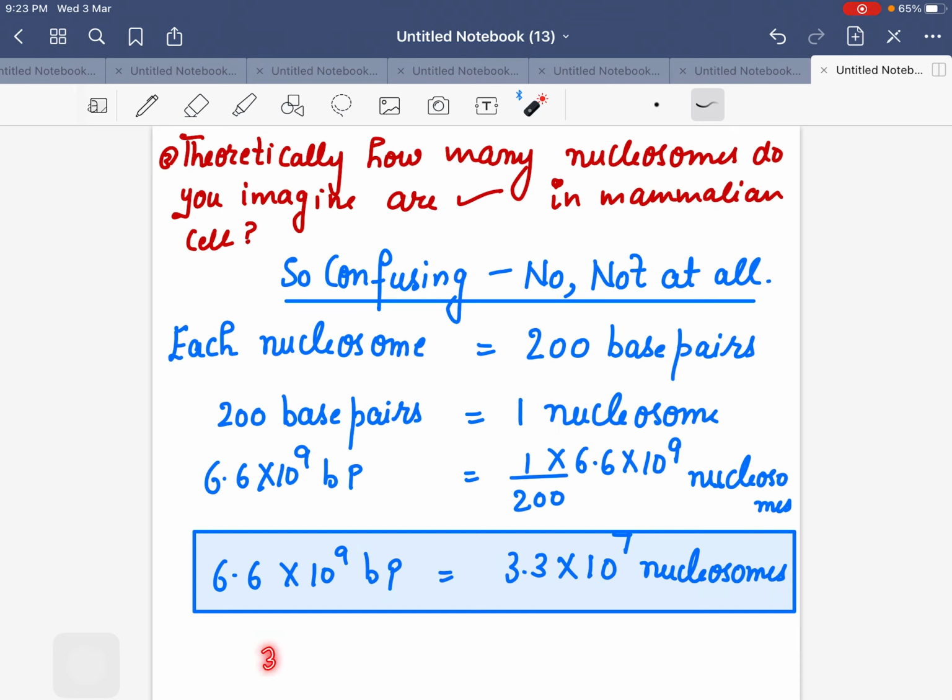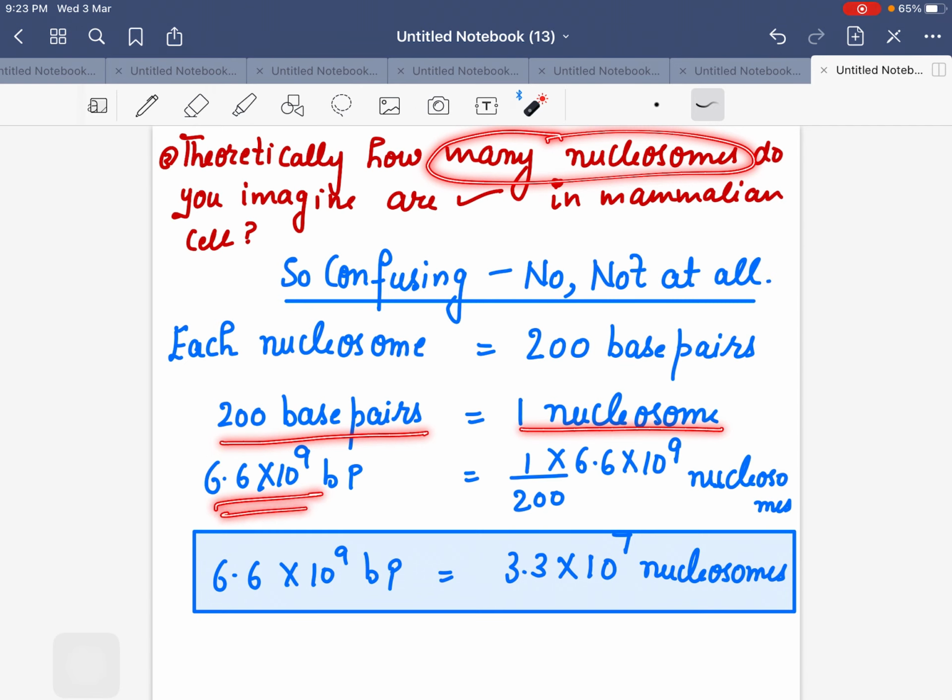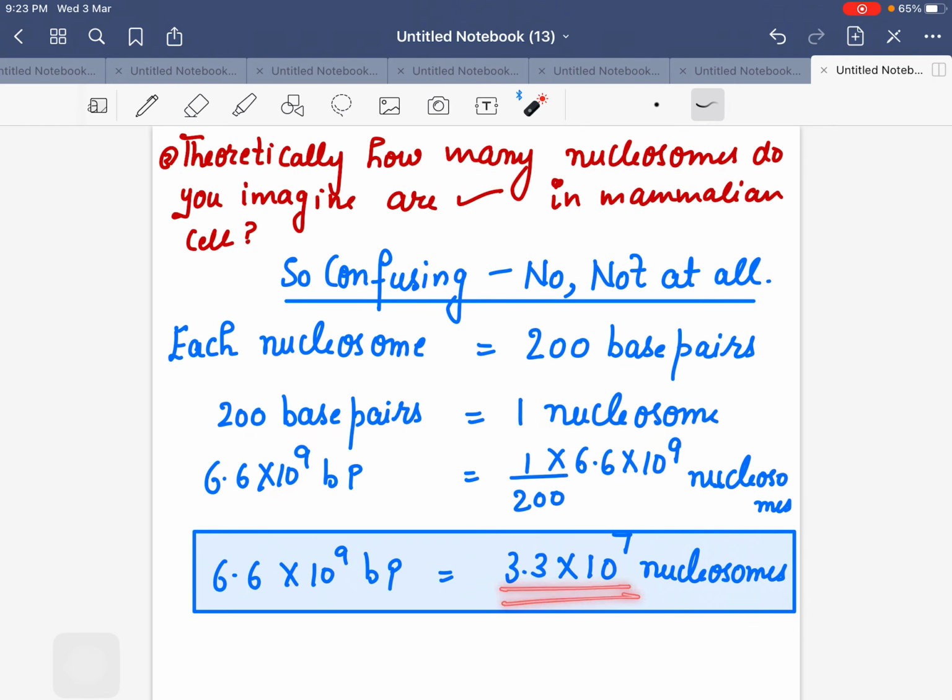We know that our cell has 3.3 into 10 raised to power 9 base pairs in haploid, but we will use diploid here. So it will be 6.6 into 10 raised to power 9. So if 200 base pairs equal one nucleosome, we have to count nucleosomes, so 1/200 into 6.6 into 10 raised to power 9. So it will be 3.3 into 10 raised to power 7 nucleosomes or beads, right?